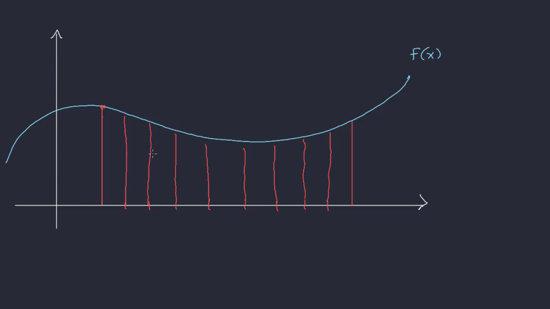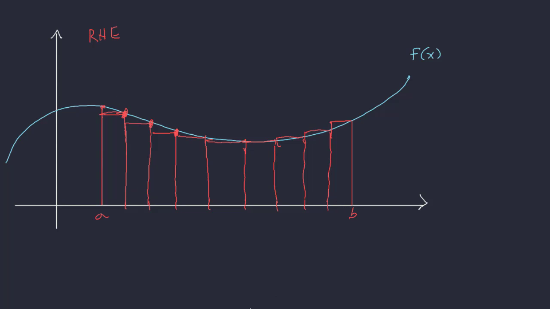Well, there are a few ways we could go about doing it. One, this is what is called a right-handed estimate, as we use the right-hand side. So here, I would use the right-hand side here, here, here, here, here, like this. Okay, so that would be a right-handed estimate where we use the right-handed pieces.